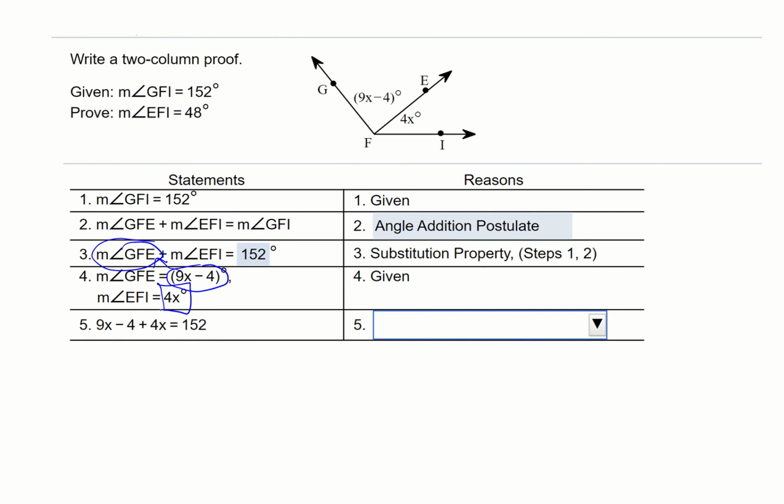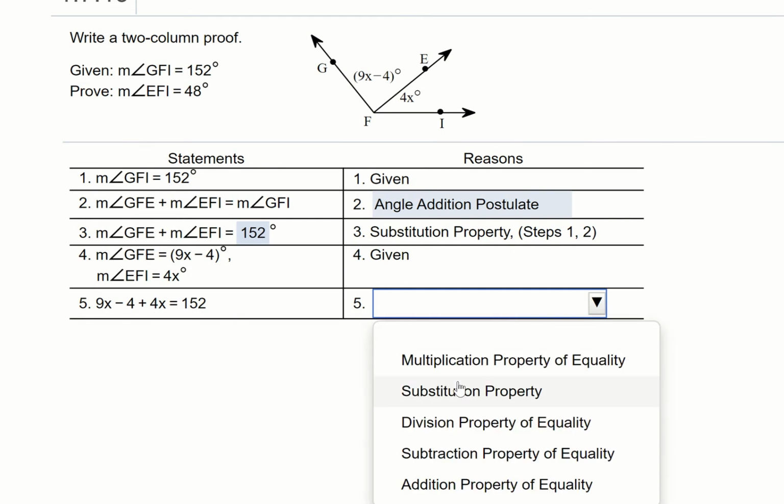And we know that EFI is 4x, so we can plug that in right here. And so that's how we get this. That's the GFE right there, and this is the EFI. Okay, so that's a substitution. That's basically what we did. We plugged in. So that's the substitution property.